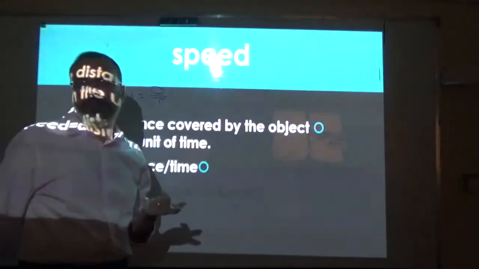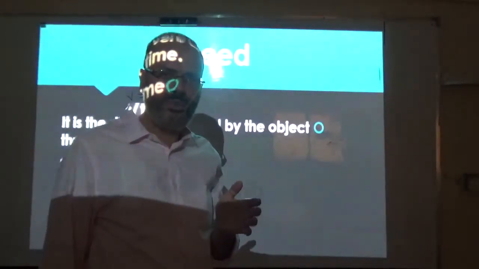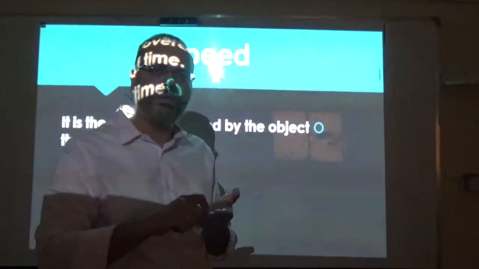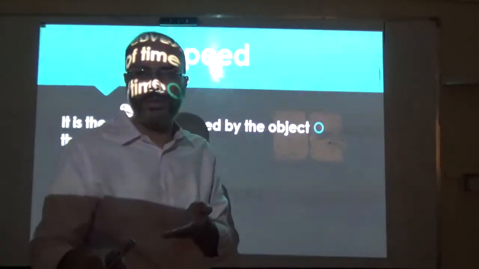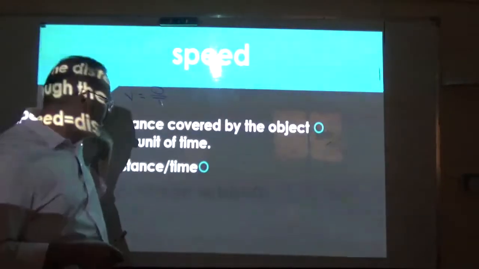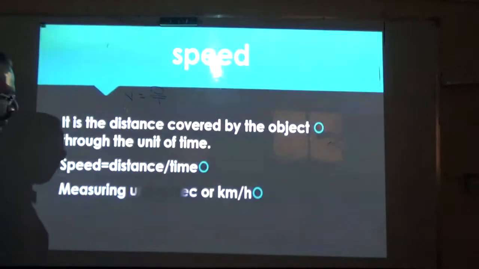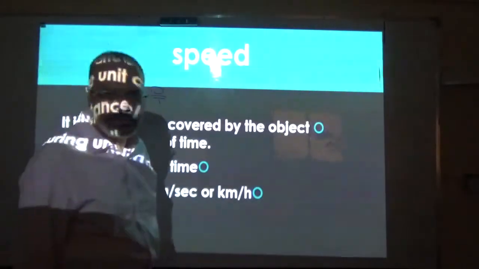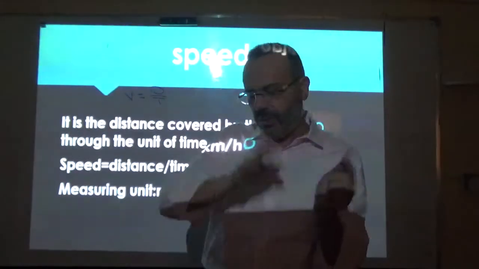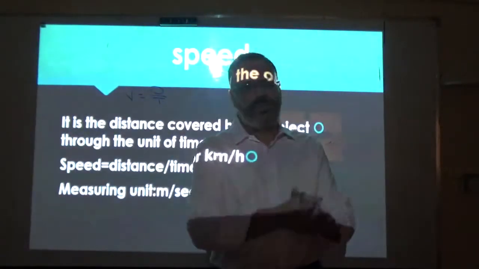What is the measuring unit of the speed? We said before that the measuring unit is km/h or meter per second. The measuring unit of speed may be meter per second or km/h.